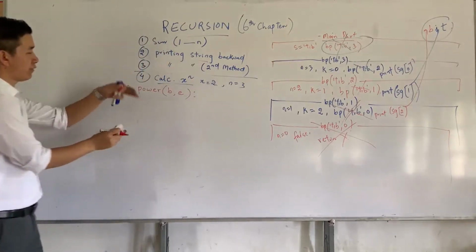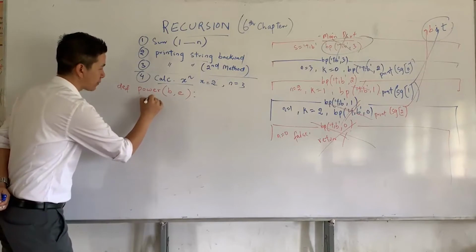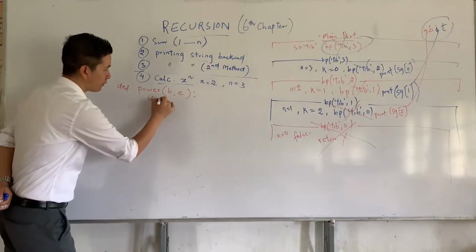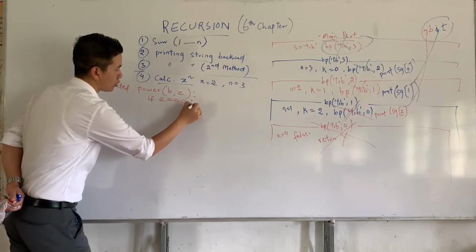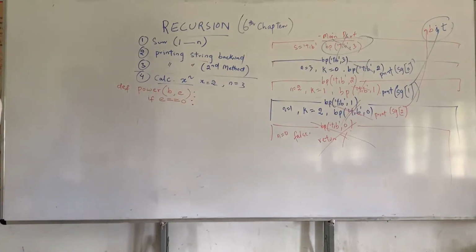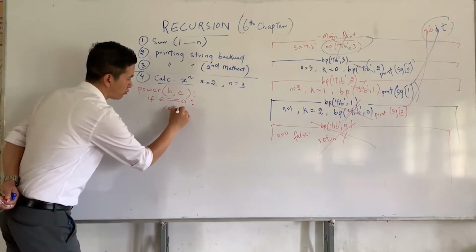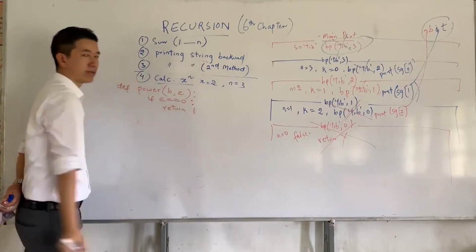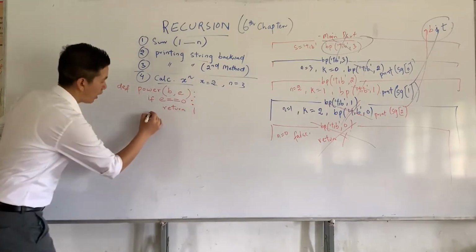Okay, so this is the function header. And then what comes next is, like I said, if the value of e is equal to 0, so this could be the base case. If the value of e is equal to 0, I return a value of 1. Okay? And that signals the end of the program.